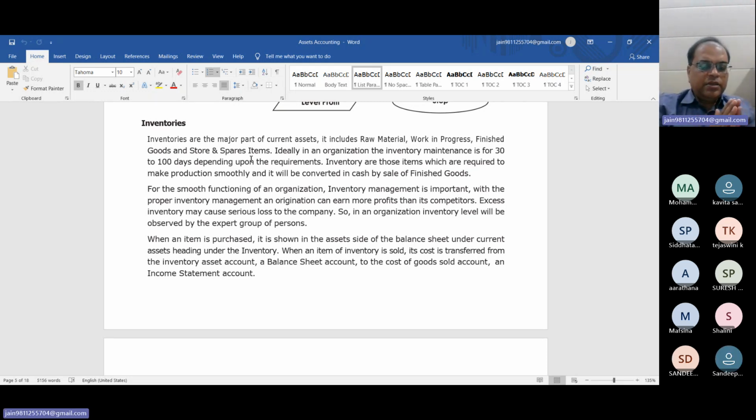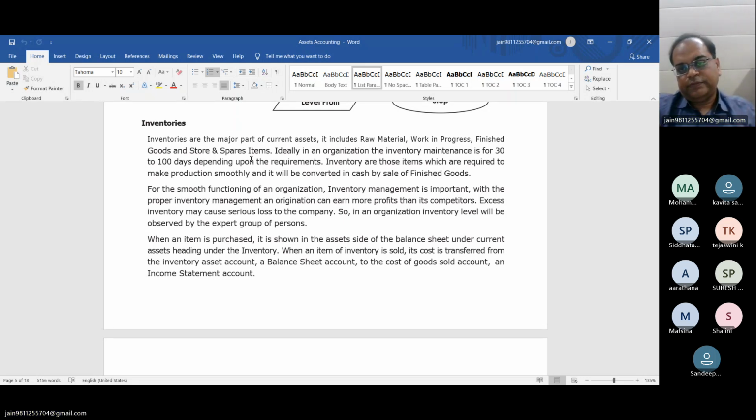Now we will convert raw material into WIP, work in progress. Then we pass the entry work in progress account debit, to raw material control. Now WIP is converted into finished goods, so we pass the entry finished goods control account debit, to WIP.